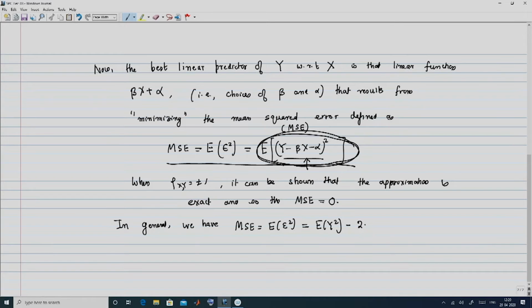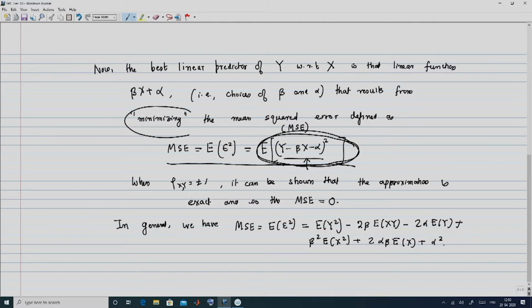So I get expected value of y square minus twice beta expected value of xy minus twice alpha expected value of y plus beta square expected value of x square plus twice alpha beta expected value of x plus alpha square.